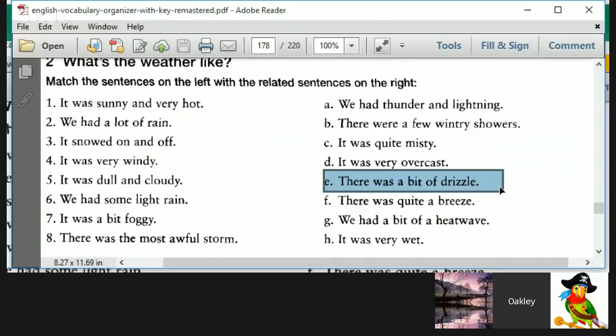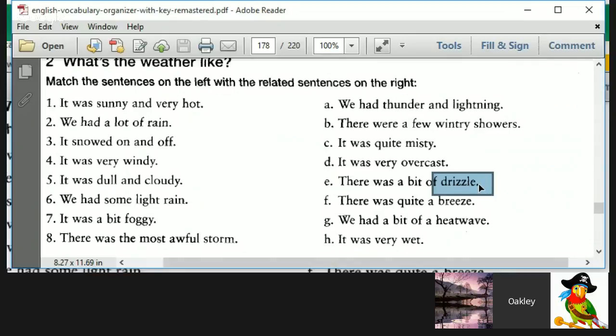Now again, British and Americans tend to use very similar vocabulary when talking about weather, but it means something slightly different. I don't know, maybe it's because the weather is different. This material is British, so they equate light rain with a drizzle.